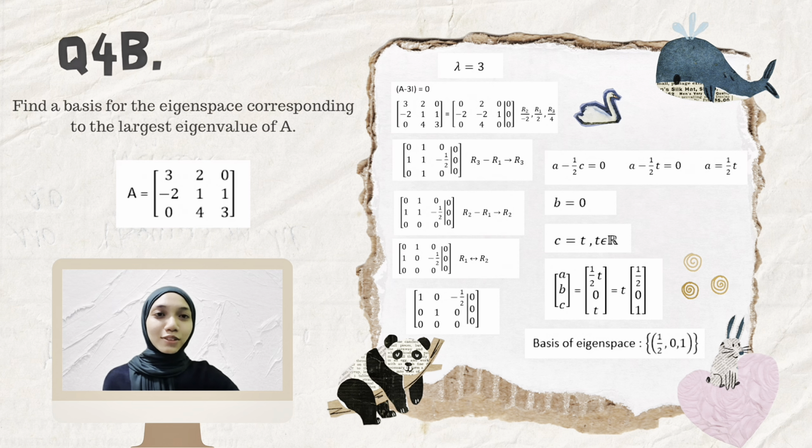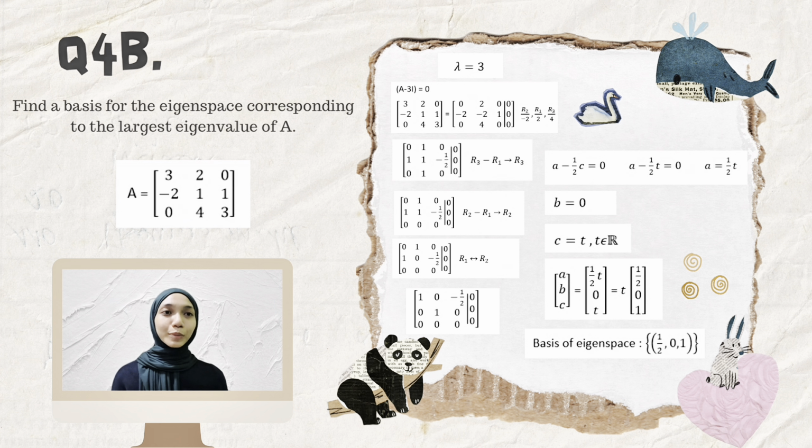Next, for question 4b, find a basis for the eigenspace corresponding to the largest eigenvalue of matrix A. So, we find the eigenvector for the eigenvalue lambda equals 3 by solving the equation (A minus 3I)x equals 0.